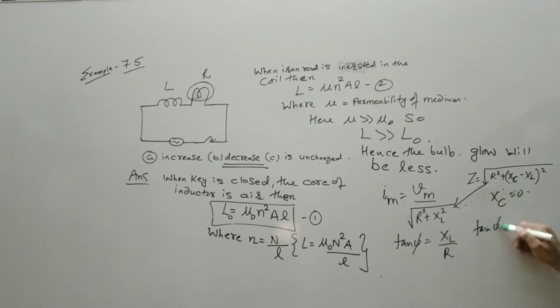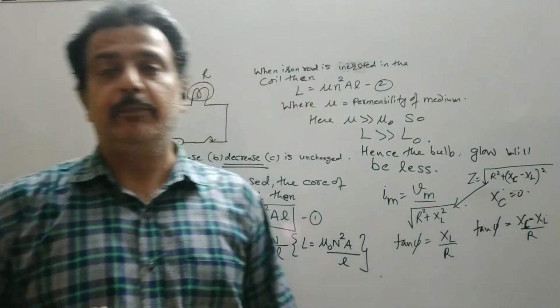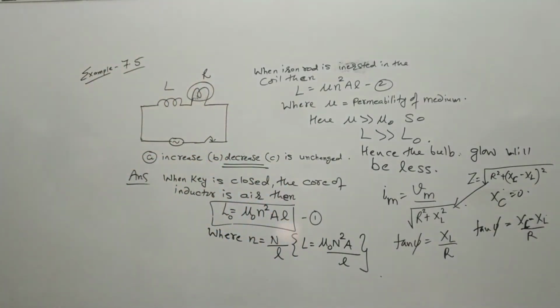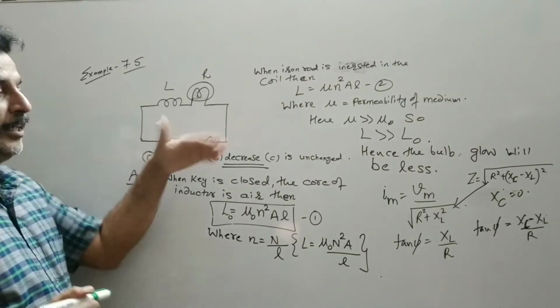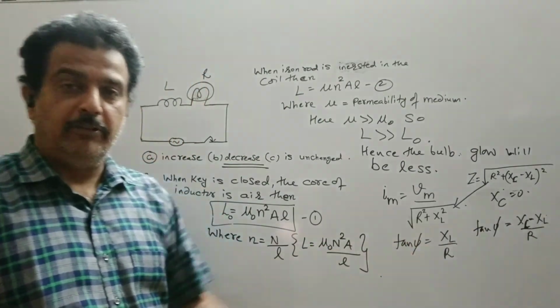Similarly, tan phi is equal to XC minus XL upon R. But there is no XC, so we have only minus XL. Here the negative sign will indicate that the current will lag behind the voltage, by the phase difference phi, whatever value you get.